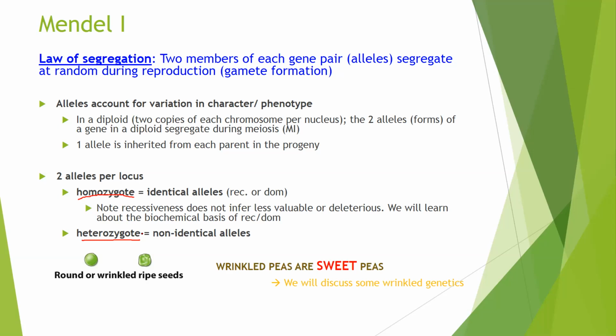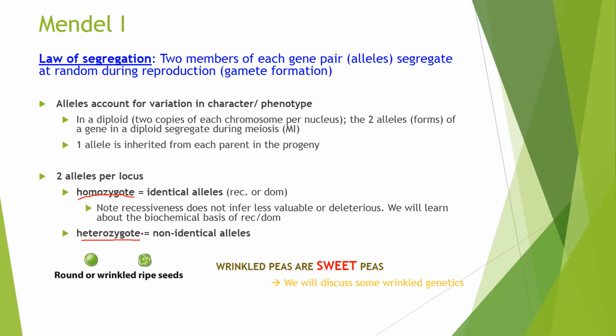But when we talk about homozygous and heterozygous, this is not the chromosome level. Sorry, this is within the chromosome. We're talking about a single locus where a single gene is situated. For this single gene, we have two copies on two homologous chromosomes.